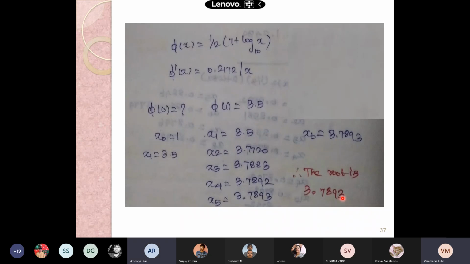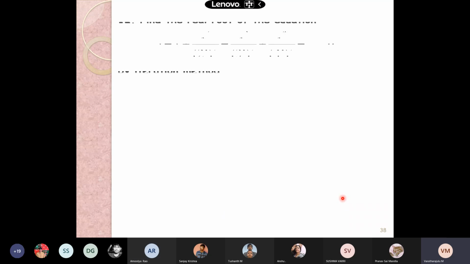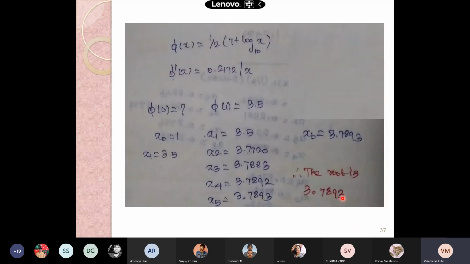So the root is 3.7893. Do you have any doubts with these iteration methods? If we are unable to identify the appropriate limits, that is upper and lower boundary, from where do we need to begin?